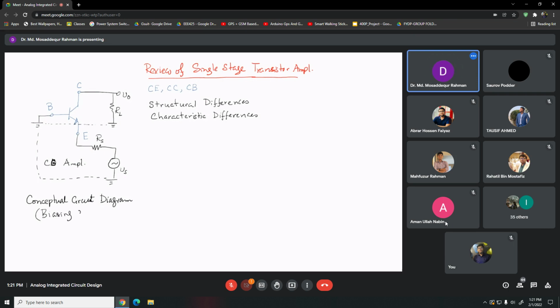The biasing circuit. What is the biasing circuit? These circuits are actually without biasing circuit, right?